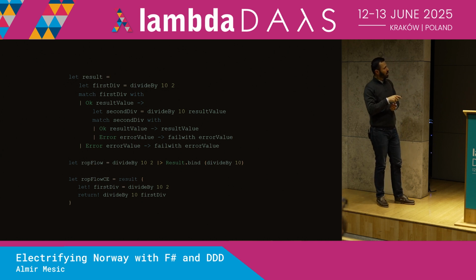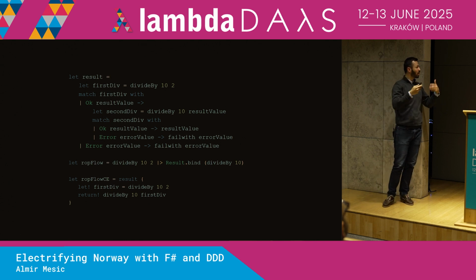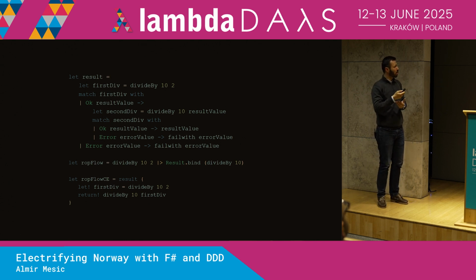Instead of piping and calling the higher-order function, you open a computation and use the exclamation mark, which we call the bang operator, which implicitly calls the bind function. It depends on the eyes that see this code, but I think it's quite legible. It's easy to read.